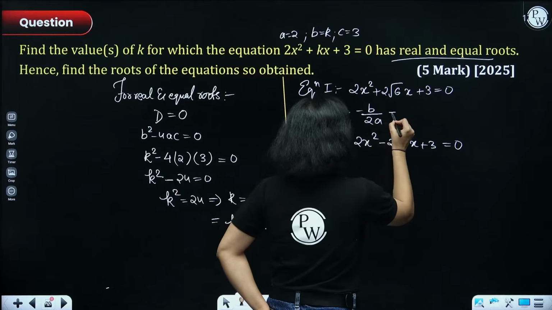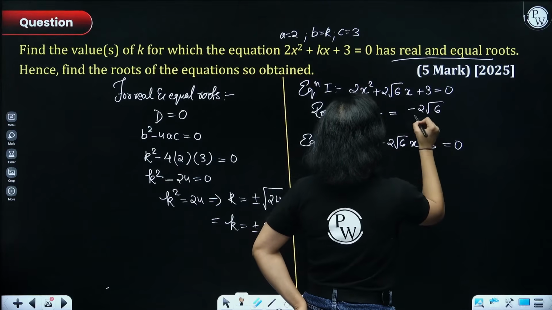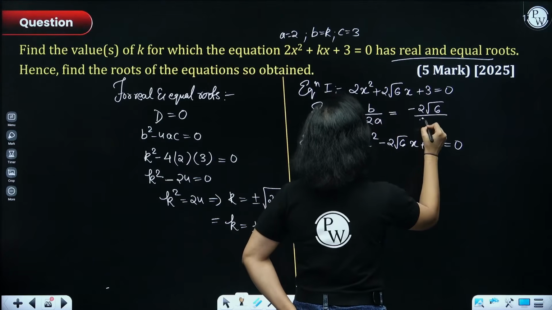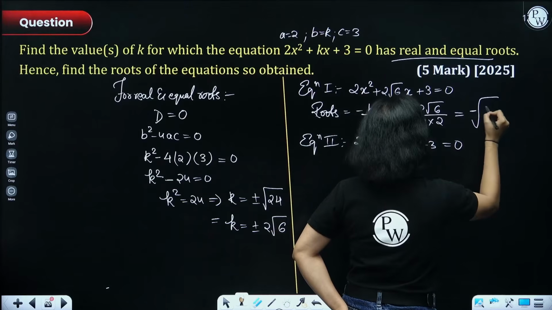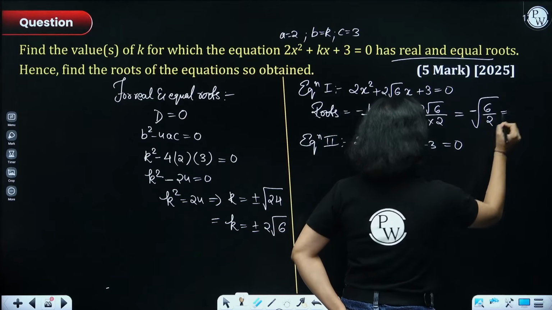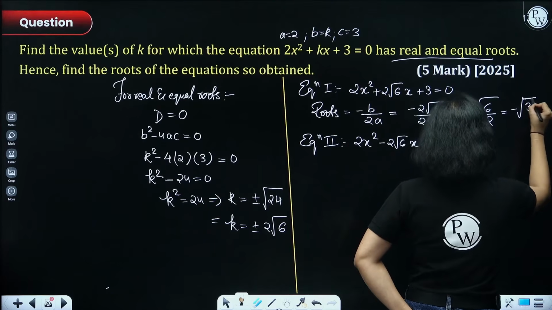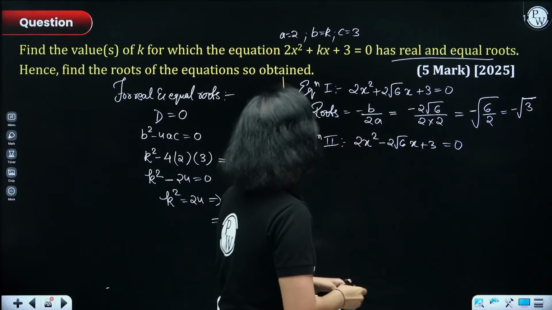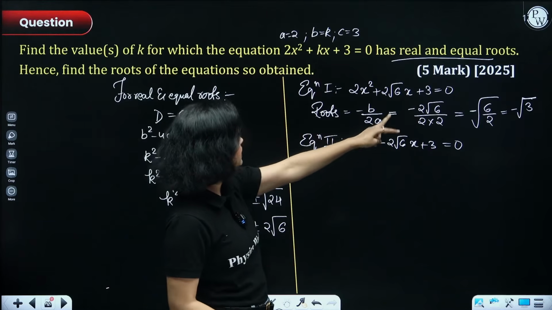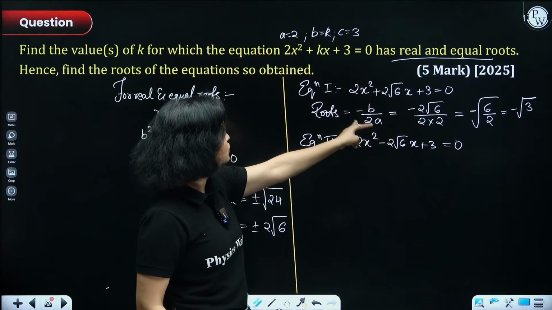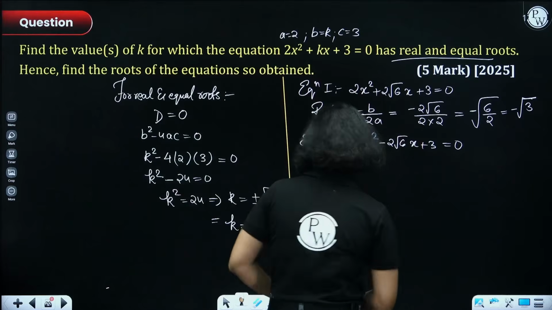So now let's plug in all the values, everyone. Here we'll have minus of 2 root 6 divided by 2a, so 2 into 2. Oh, sorry, I made a very small mistake.